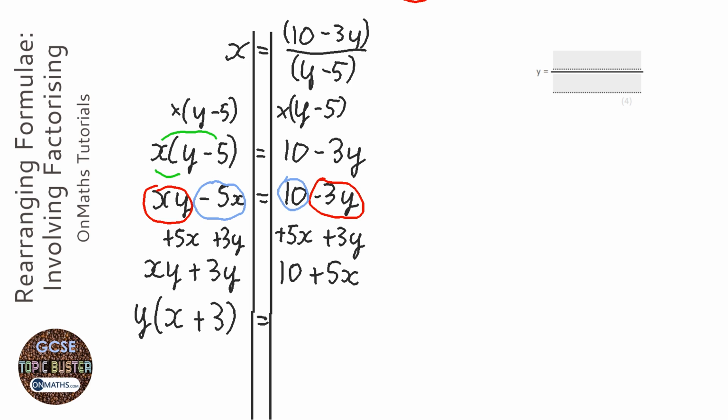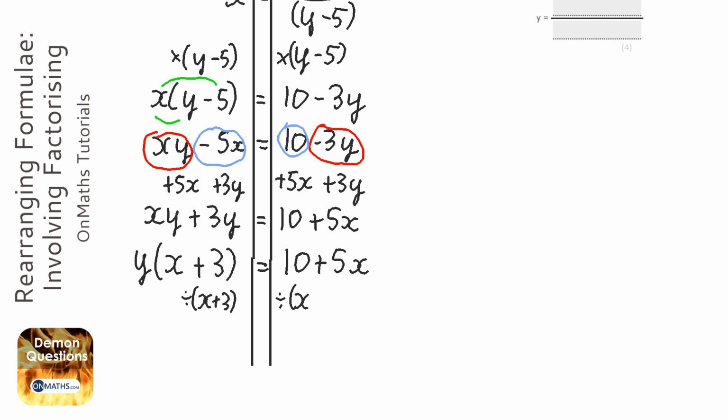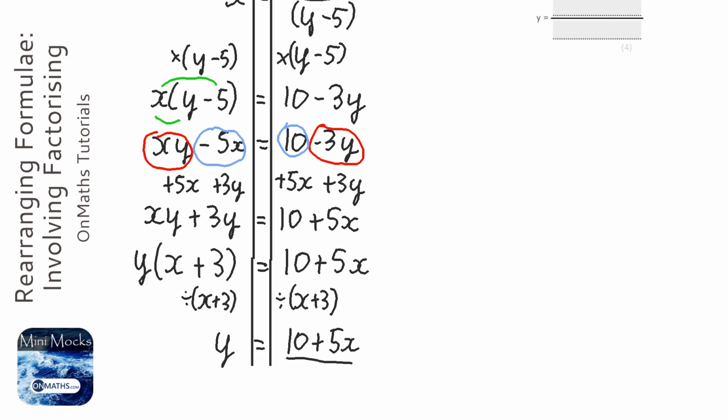Now I know I said I wanted to get rid of the brackets, but we need the brackets here to be able to get y on its own. And the last step here is we just divide both sides by the x plus 3. So we get y on its own. So we get y equals 10 plus 5x over x plus 3.